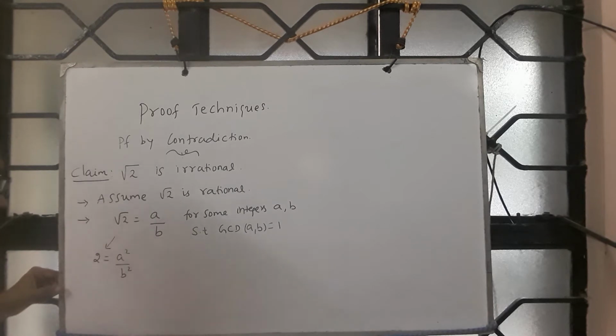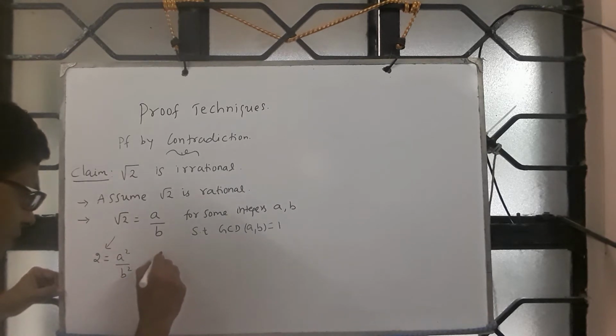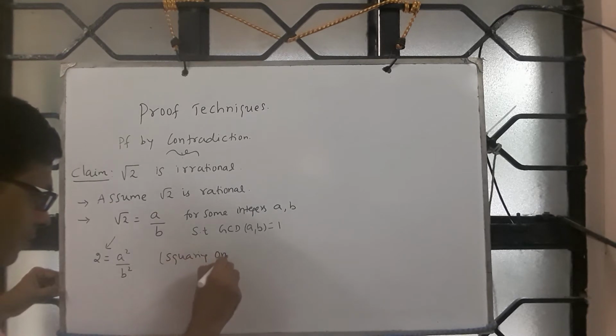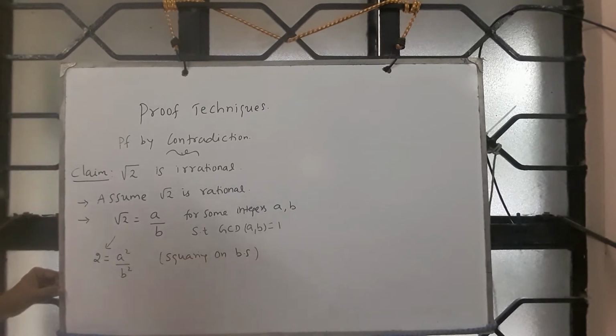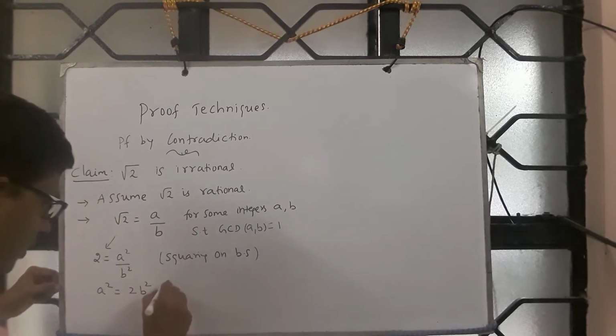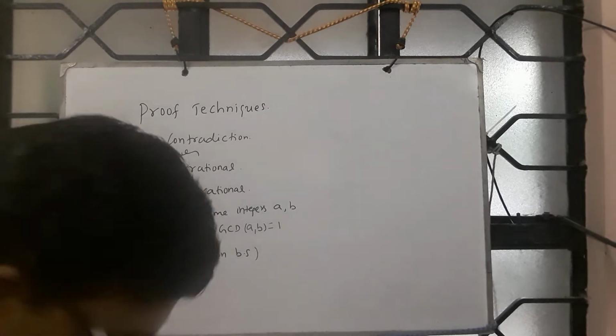Okay. So squaring on both sides. Now from this we get a square is equal to 2b square. So what do we get from this?